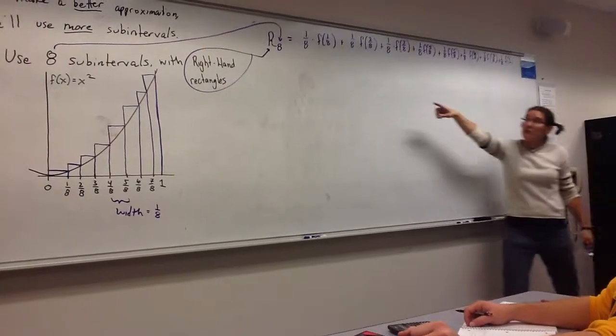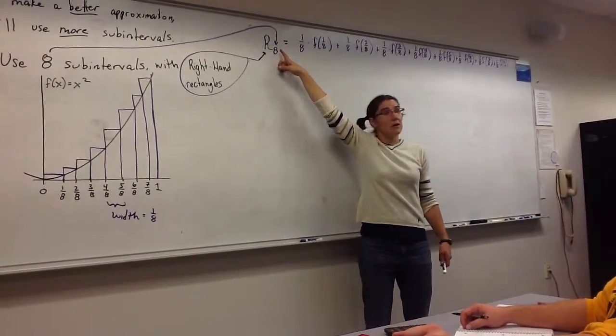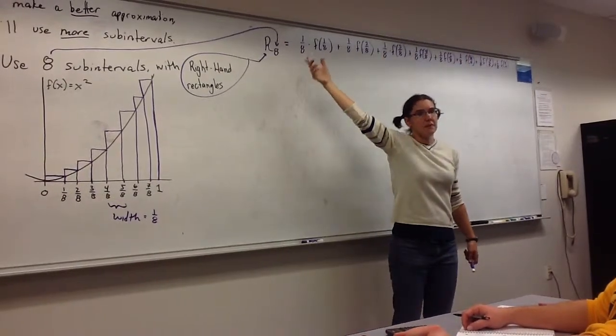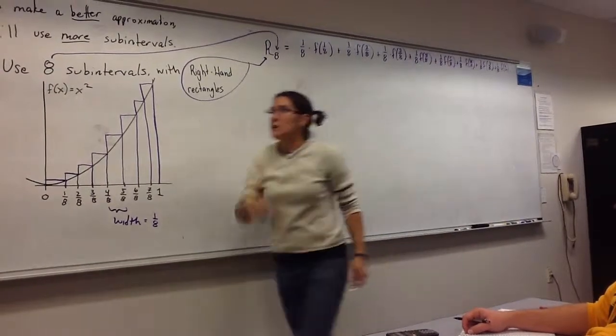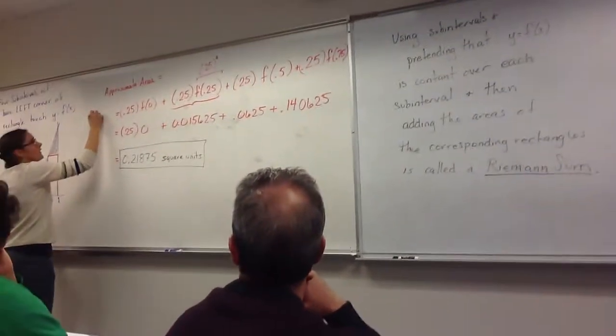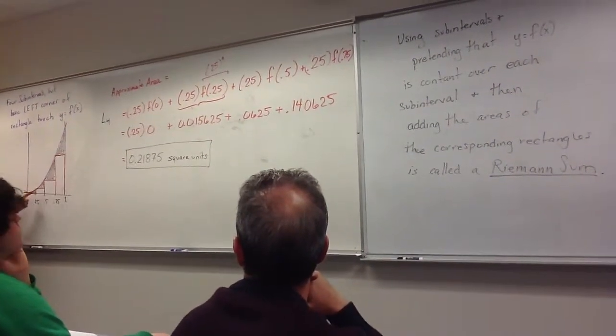Now this is a right Riemann sum with 8 subintervals, that's what the R and the 8 are for. If I wanted to do a left Riemann sum with 8 rectangles, I'd write L8. So over here, this example, in shorthand notation, is L4 because we're using left-hand corners and there are 4 subintervals.